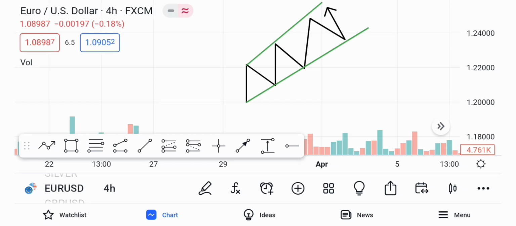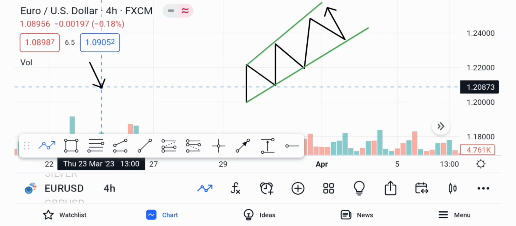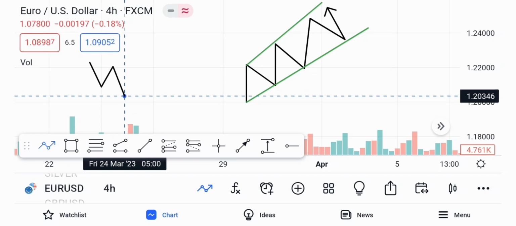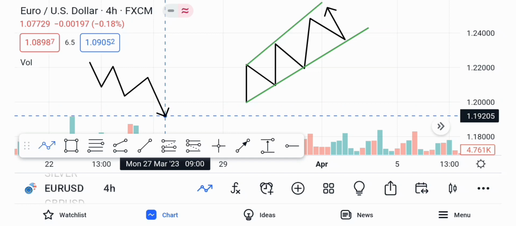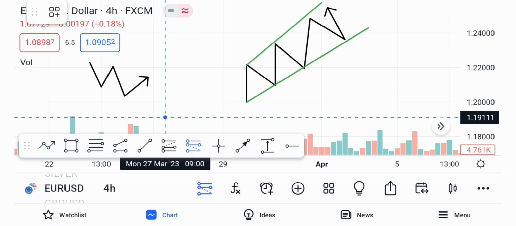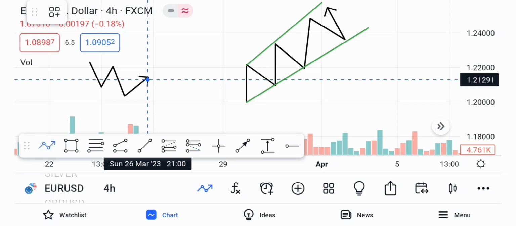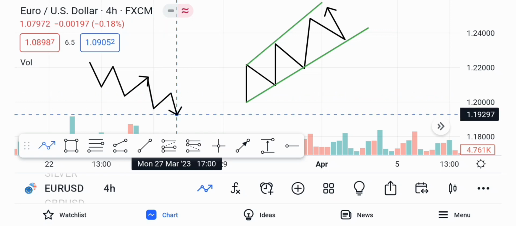When the market is trending in a bearish direction, this is how it looks. As we can see, the market continues going downward.